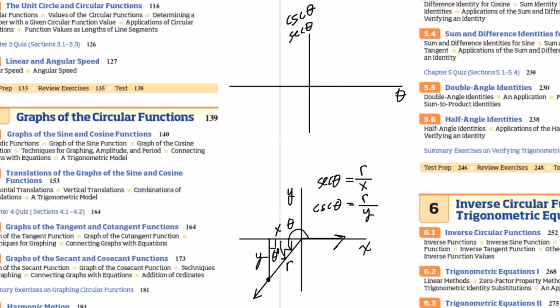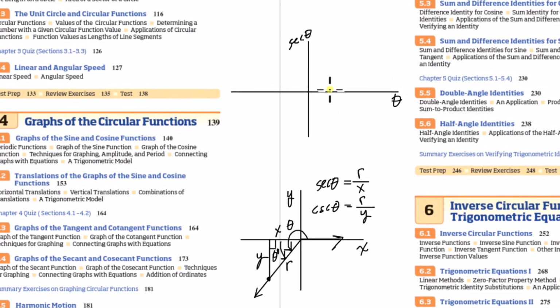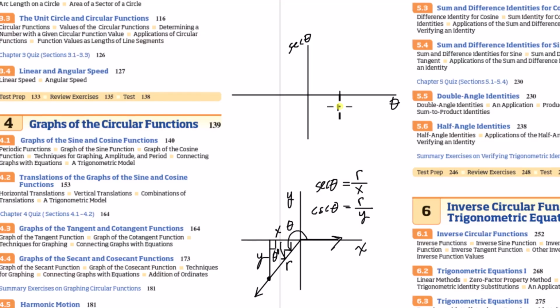Maybe let's do secant for the moment. So if this is pi over 2, we're going to start off at 1. As we go from 0 to pi over 2, we're going to be doing this.